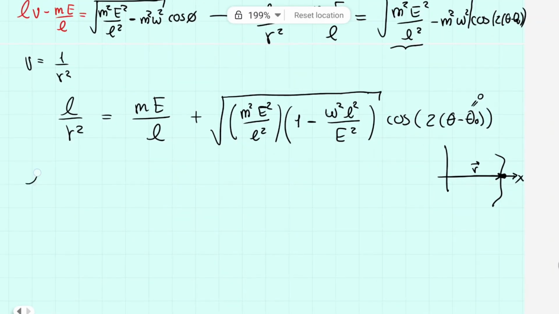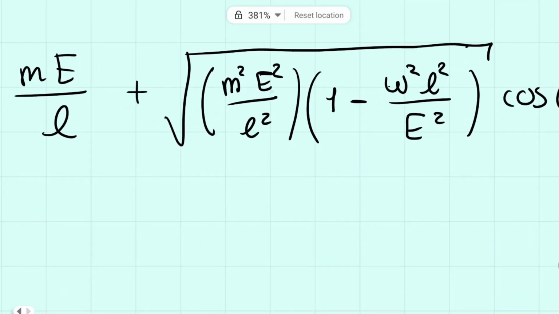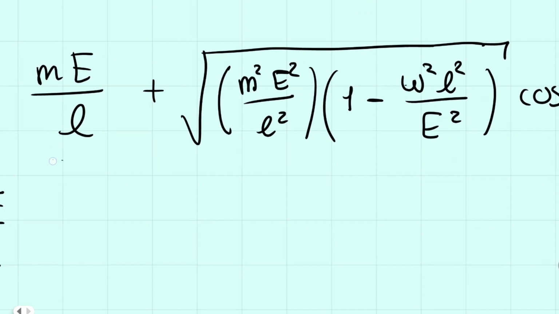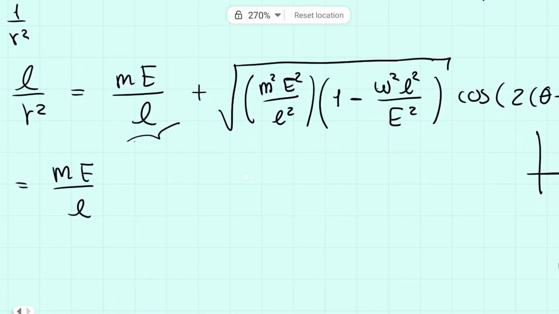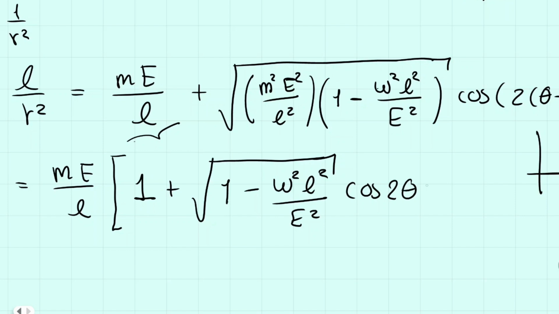So we get that L over r squared is going to be m times E over L, and we are going to take the square root of this expression, and look that it is the same as what we have here. So this is going to be a common factor, this is a 1 plus the square root of 1 minus omega squared L squared over E squared times cosine of 2 theta.